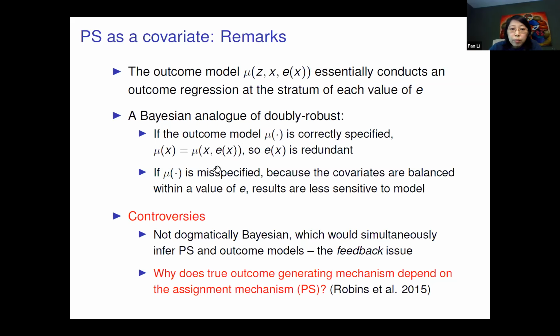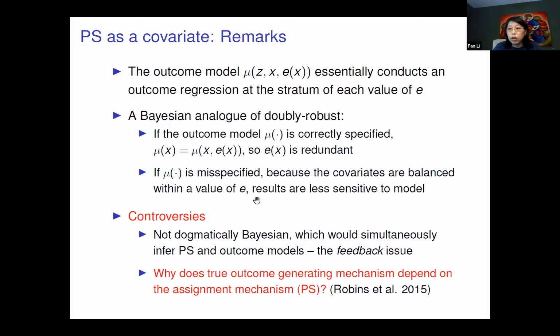But if your model is misspecified, remember the idea is we know the propensity score has this balancing property. Essentially, at each value of the propensity score, the treatment group and control group look similar in their covariate distribution. So if the outcome model is misspecified, the hope is that, given the same value of E, because the groups are balanced, the outcome regression will be less sensitive.